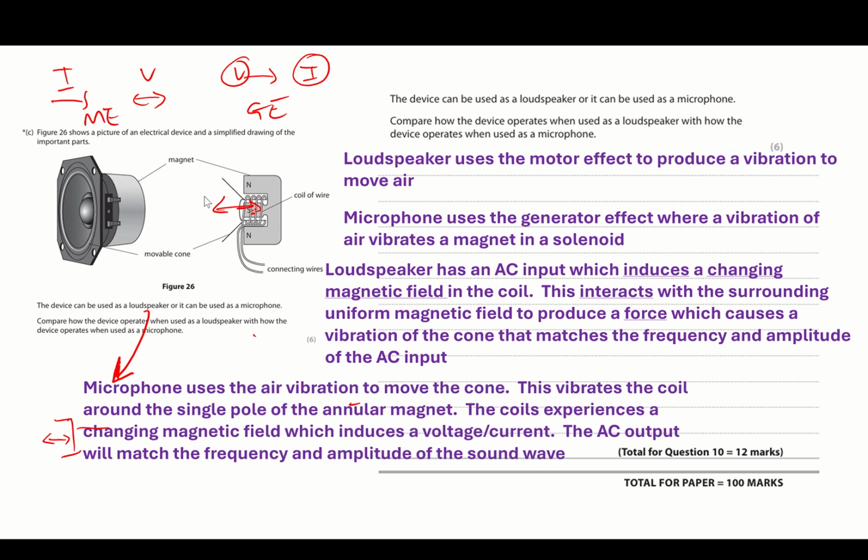So go to the next one. The microphone uses air's vibration to move the cone. This vibrates the coil around the single pole of the annular magnet. The coil now experiences a change in magnetic field, and this induces a voltage or a current. The output alternating current will match the frequency and the amplitude of the sound wave.